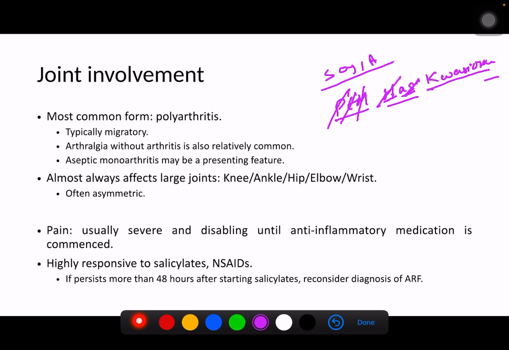It responds highly to salicylates and NSAIDs. If it persists for more than 48 hours after starting salicylate, reconsider the diagnosis of ARF. Usually the joint pain responds really well to salicylic acid.